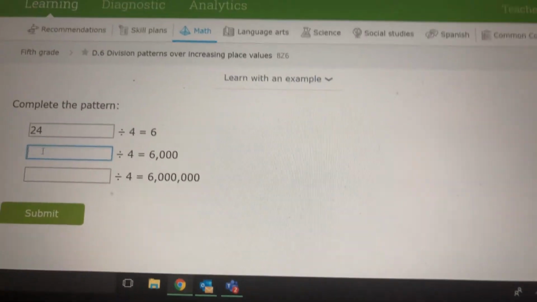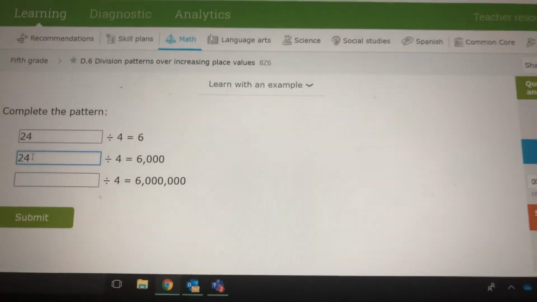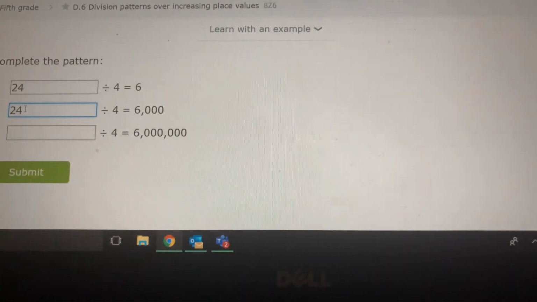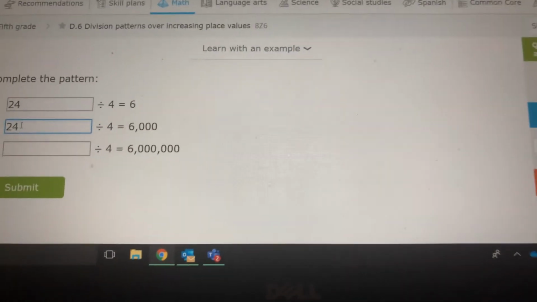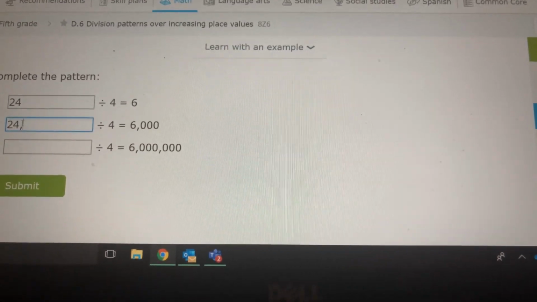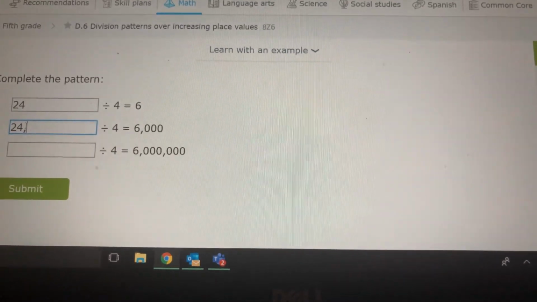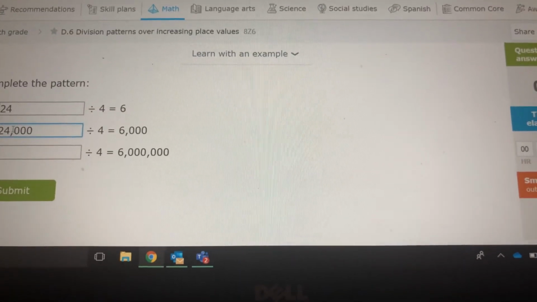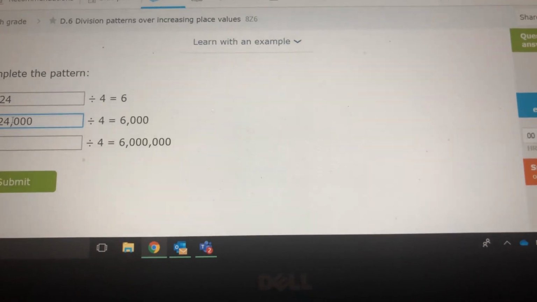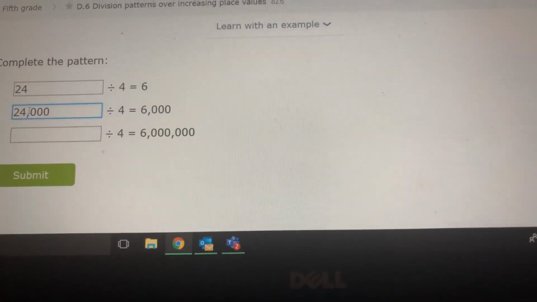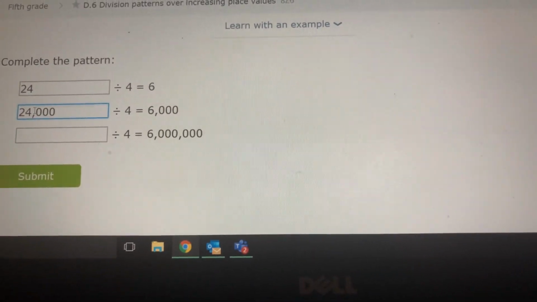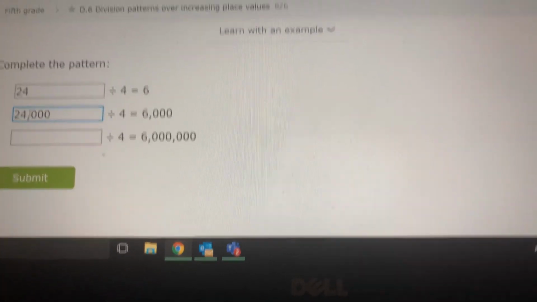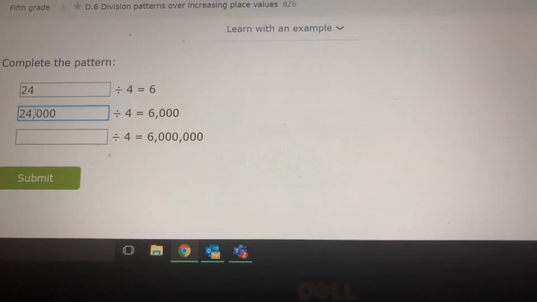Well, if I know 24 divided by 4 gives me 6, then what would I have to do here to get 6,000? Well, we just need 3 place values, right? We have 3 place values in 6,000, so we're just going to put 3 place values in our dividend there.